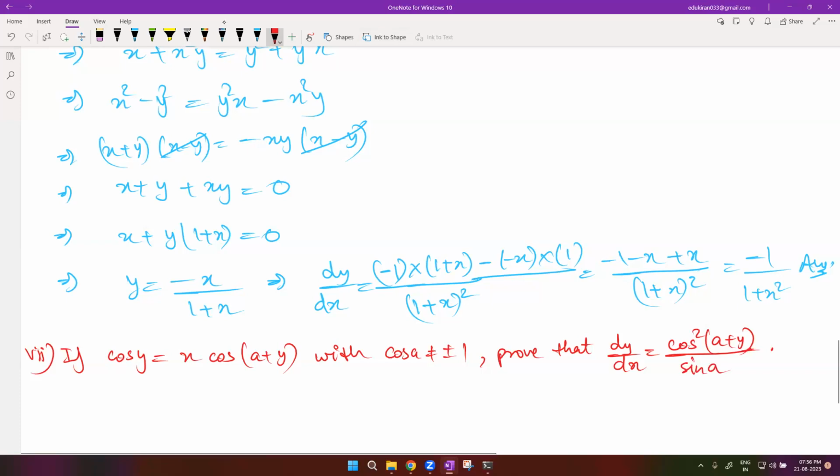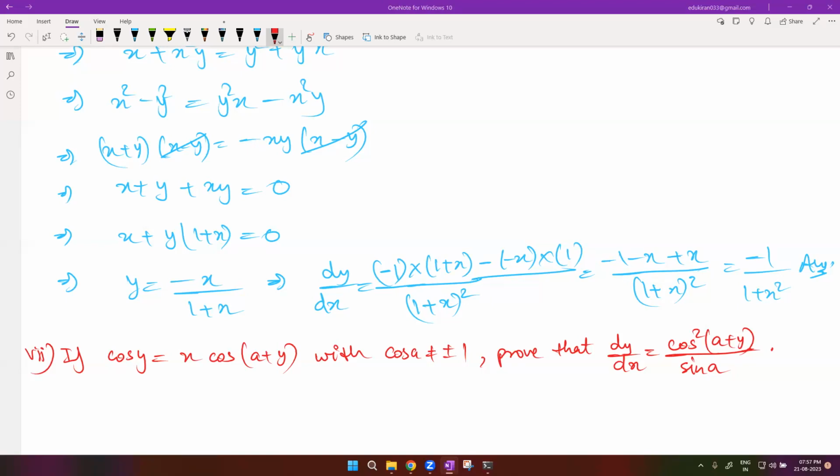So if cos y is equals to x into cos of a plus y, with cos a not equal to plus minus 1, prove that dy by dx is equals to cos square of a plus y divided by sin a. You need to find out dy by dx, but you don't have y in terms of x.